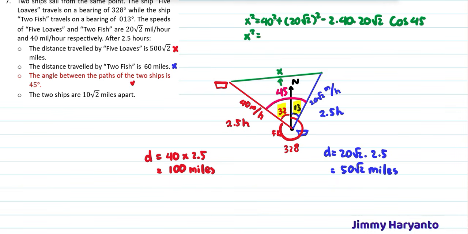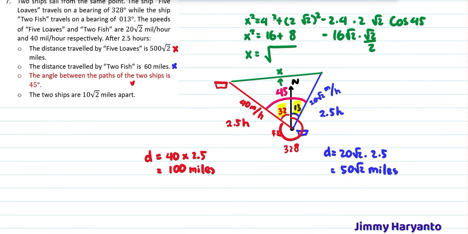Okay, so x square equals, for this one I think I want to simplify it first, divide by 10. So I will have 16 plus 8 minus 16 square root of 2 times square root of 2 over 2. Okay, so x will be square root of, this one is 24, this one is 16.